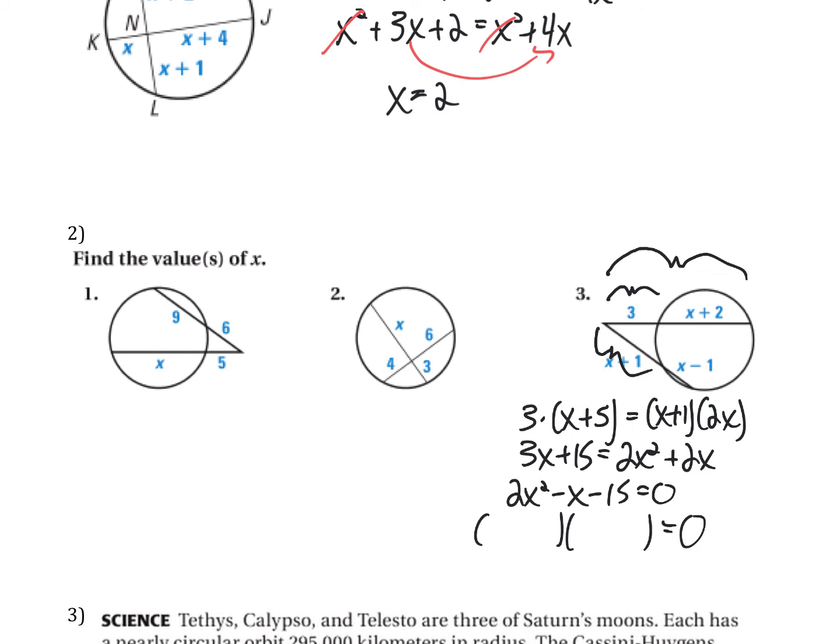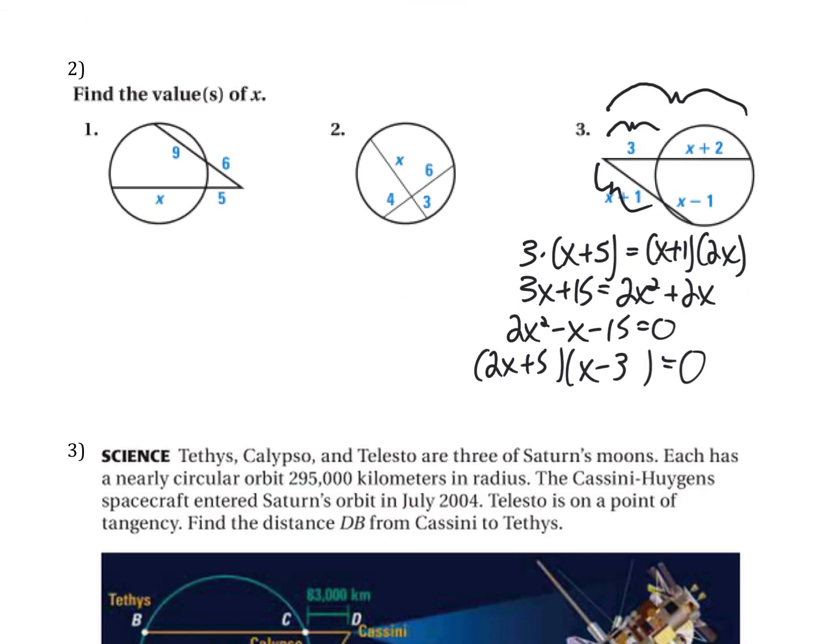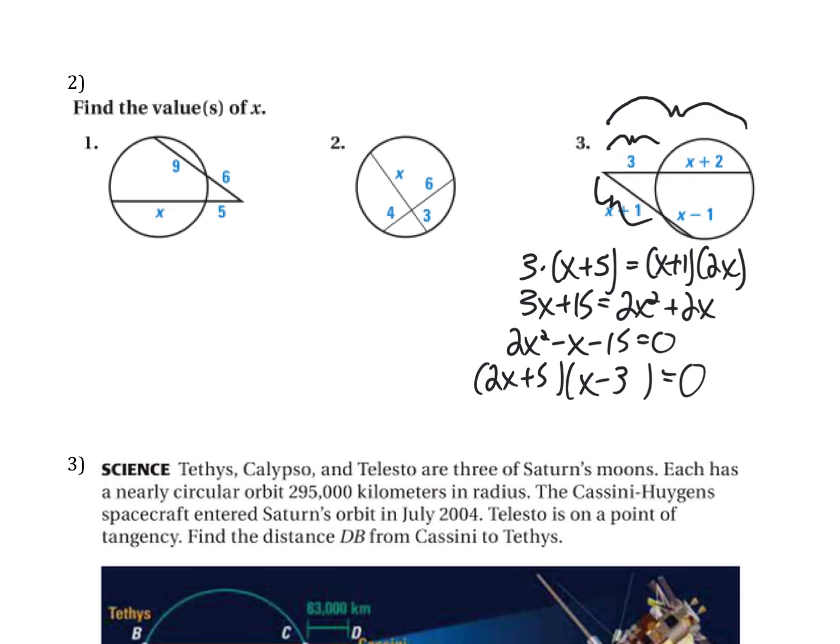If you can't do it, or you just want to watch me do it, it does factor out to 2x plus 5 and x minus 3, which means my solutions are x equals negative 5 over 2 or 3. But you'll notice when you plug negative 5 over 2 back in, that gives you a negative length. We can't have that, so we have to throw it out.